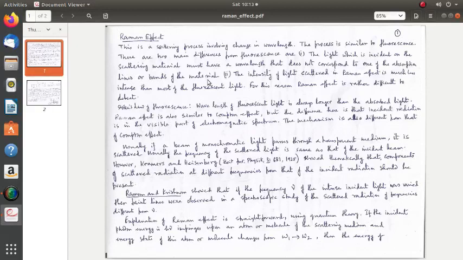Usually, if a beam of monochromatic light passes through a transparent medium, it is scattered. Usually, the frequency of the scattered light is the same as that of the incident beam. We know that is the basic difference between reflection, refraction, where we see the light in a spatial angle.